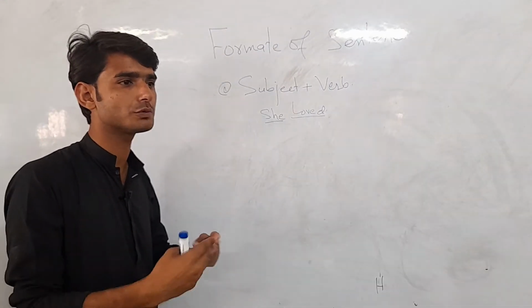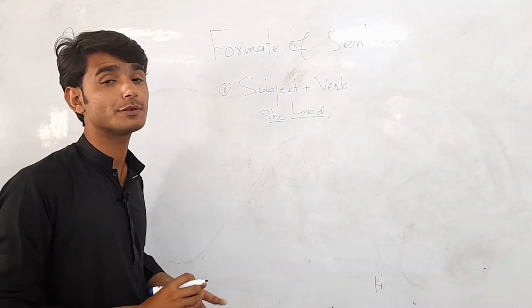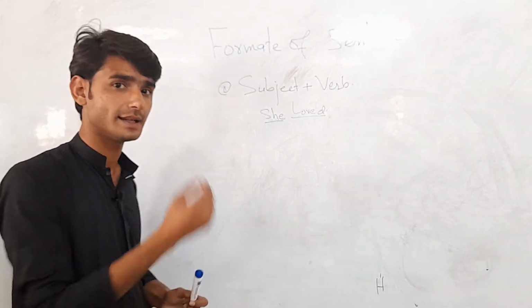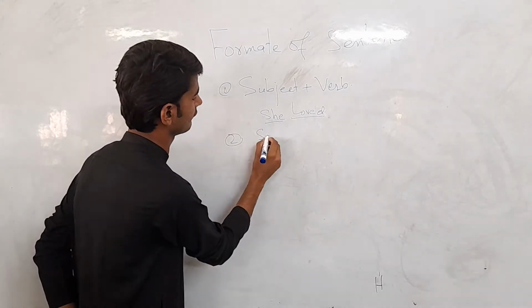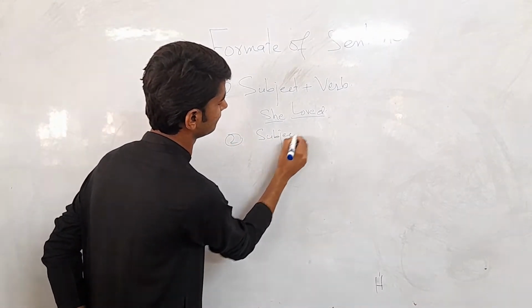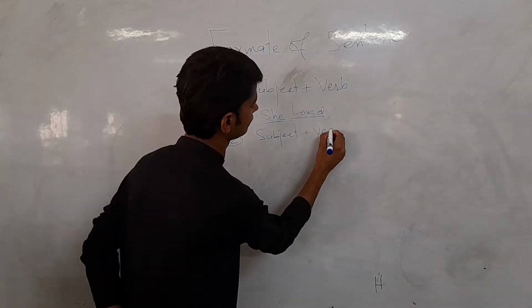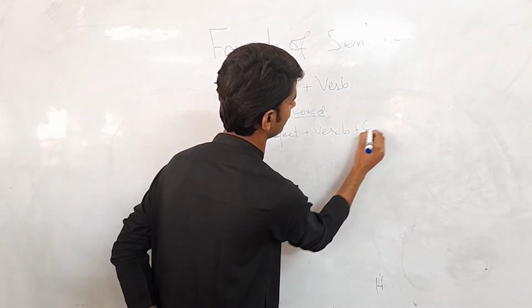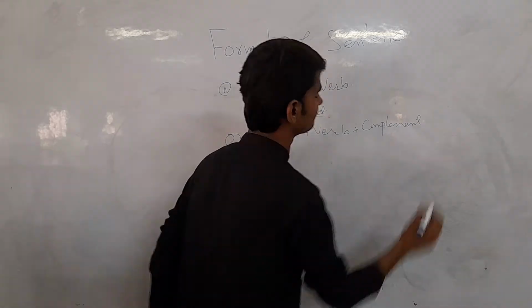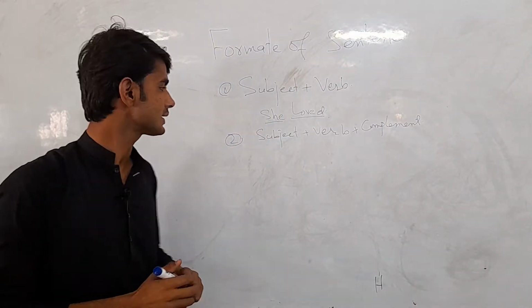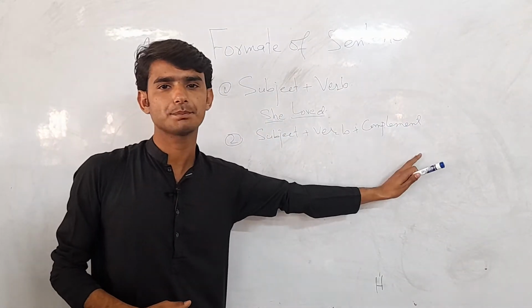Another structure that a sentence can have is this one. Here, guys, we have the structure subject, verb plus complement.